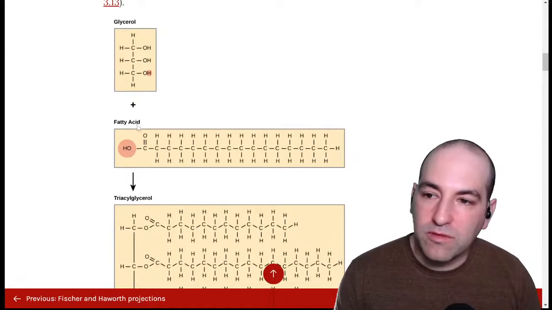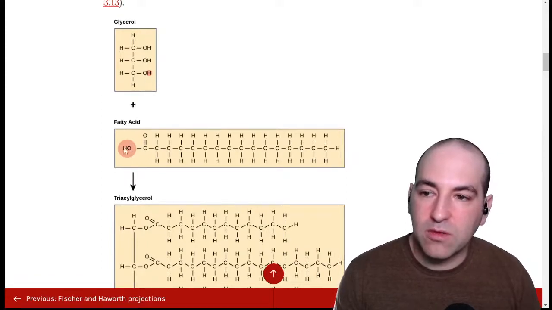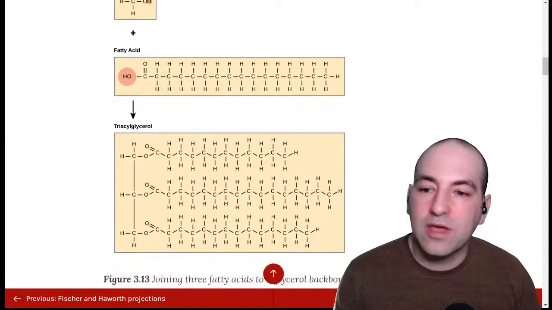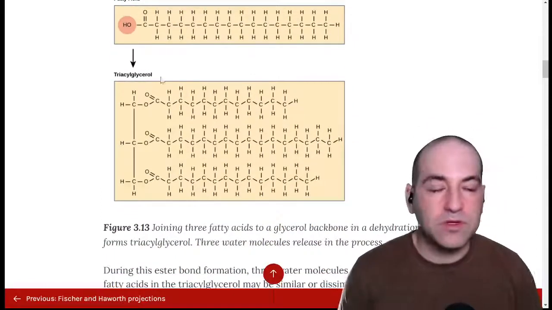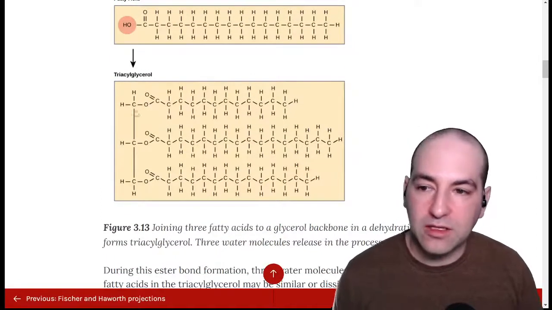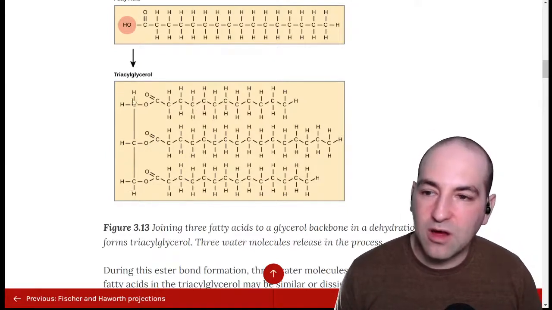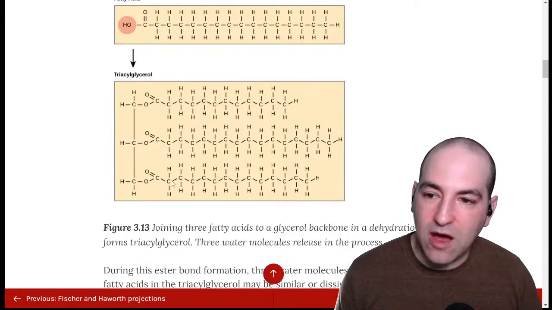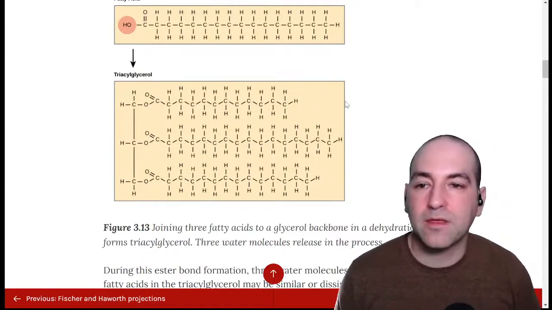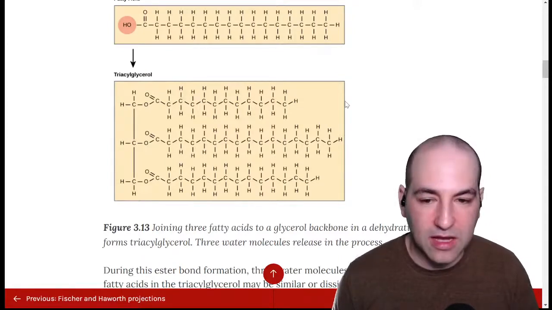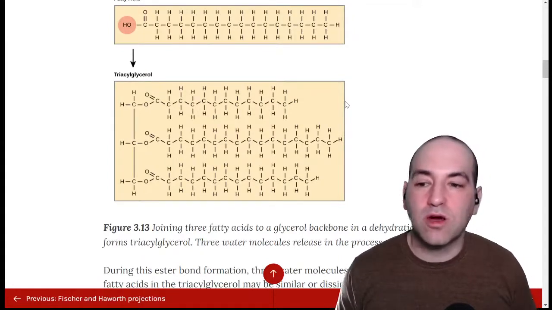So if we get rid of water, we get rid of the H, we get rid of the OH, and we instead connect the O to the C, we get a glyceride. And if we do that 3 times, we get a triglyceride. Even though it's all stretched out here, on the left is our glycerol piece that's now connected to fatty acids, and it's connected to 3 of them. So that's what we call a triglyceride, which is generally known as a fat.